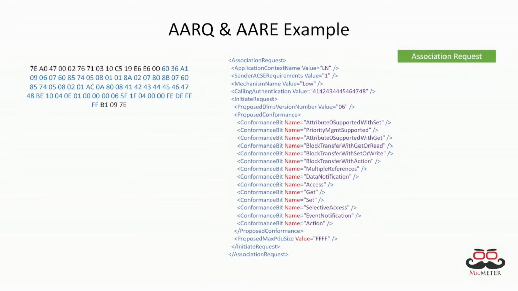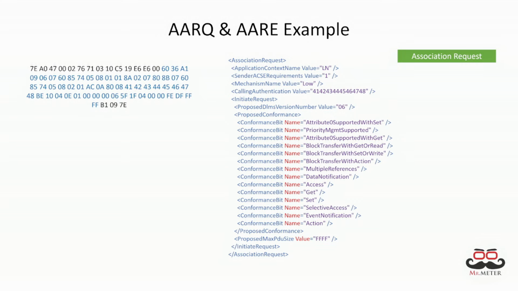I used, by the way, Gurux's DLMS translator for translating the packet you see on the left, and you can also use that for translating your packets in HDLC, DLMS, and many other protocol formats. As you see, it translates it into an XML-like tag version and makes it human readable.